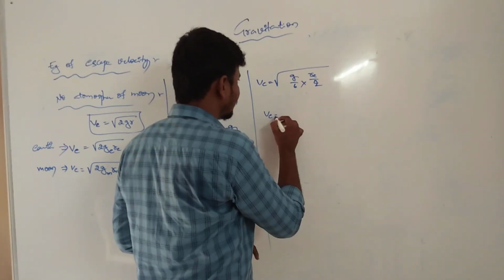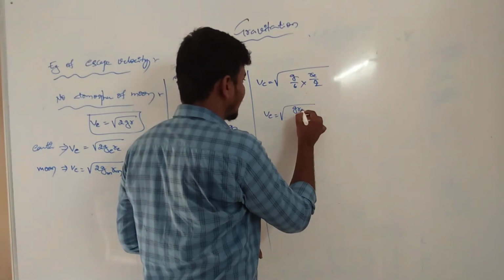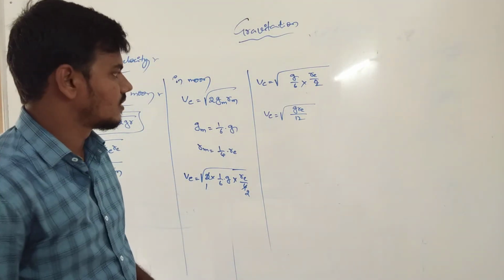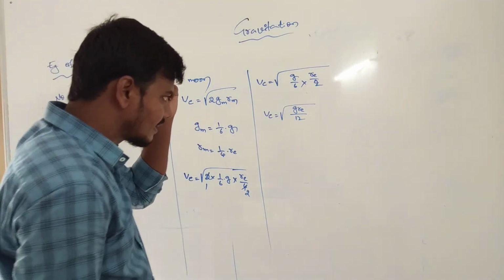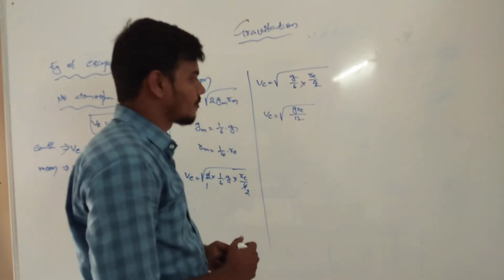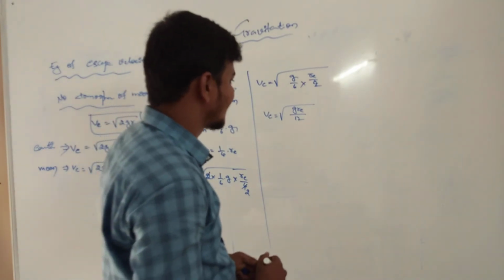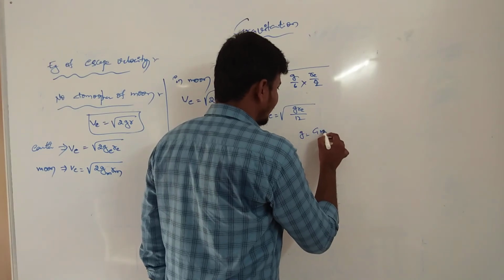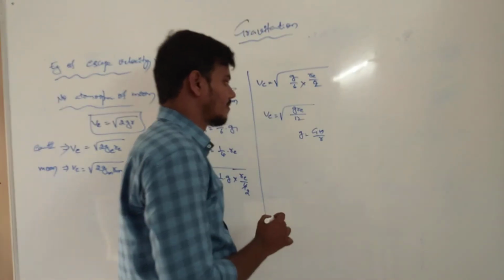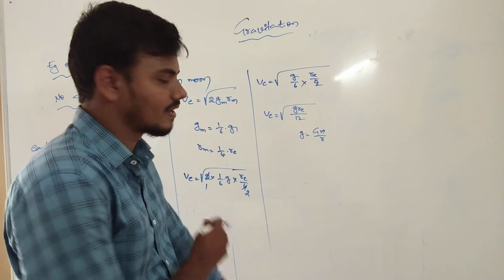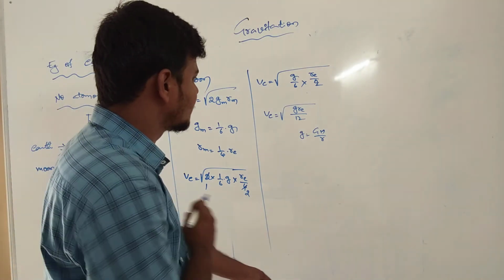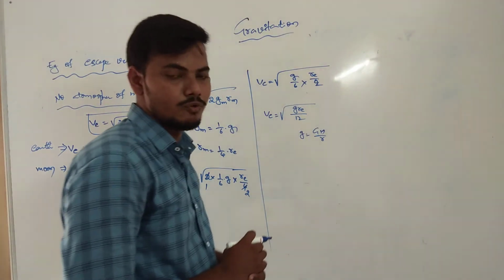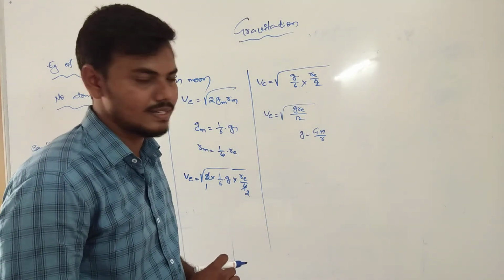Now VE is equal to the square root of GRE by 12. Since small g is equal to GM by R squared, we are applicable here, so VE is equal to the square root of GRE by 12.